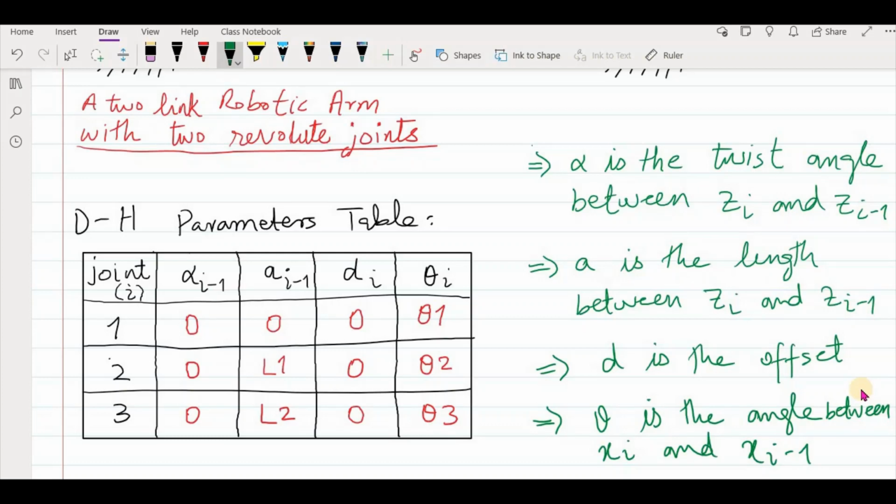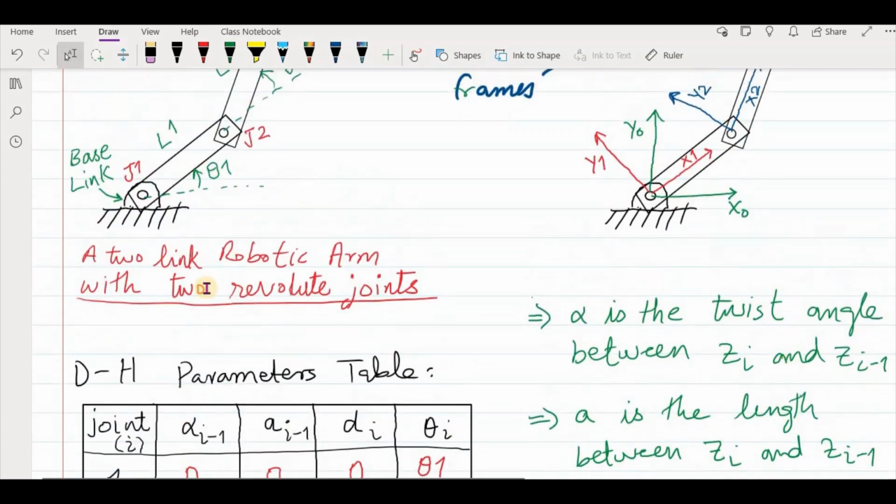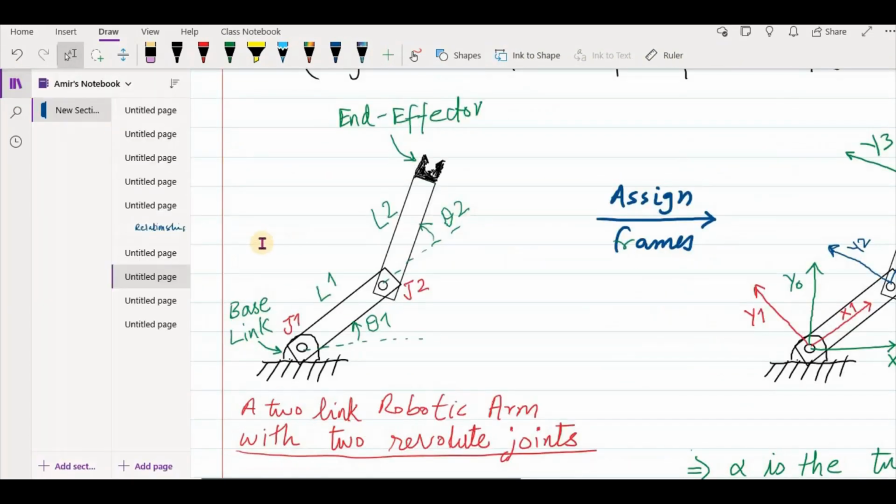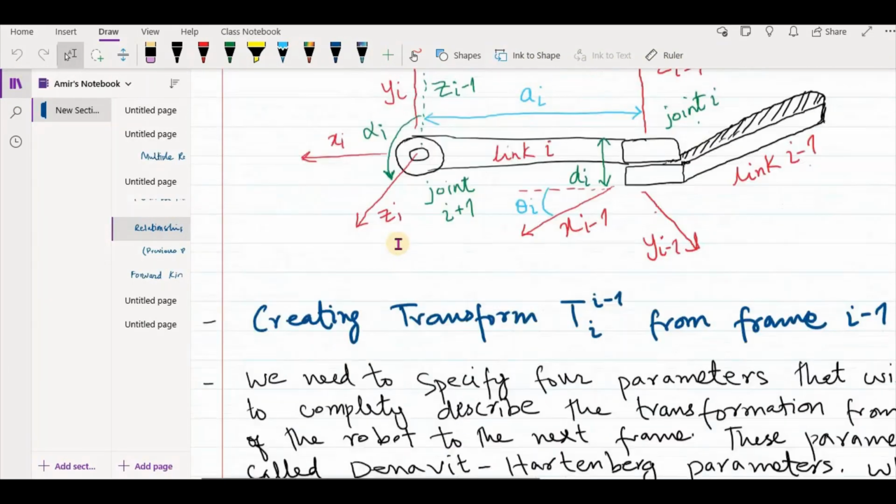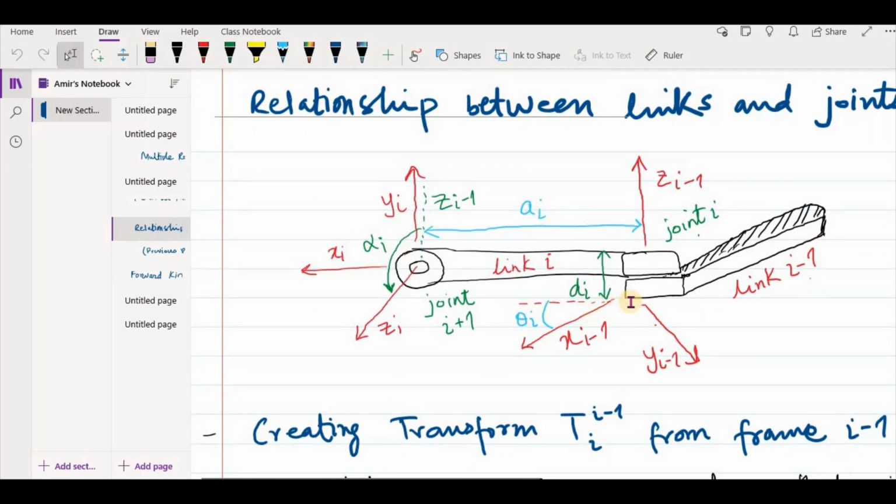Now let's talk about the offset D. If you remember, what was the offset D? Offset D was the distance between the previous link, link i minus 1, and the next link. This was a distance along the z-axis.